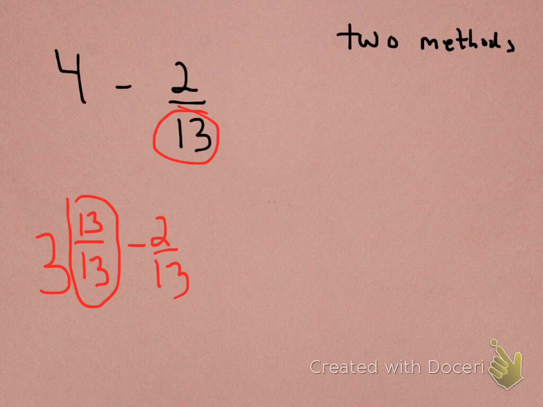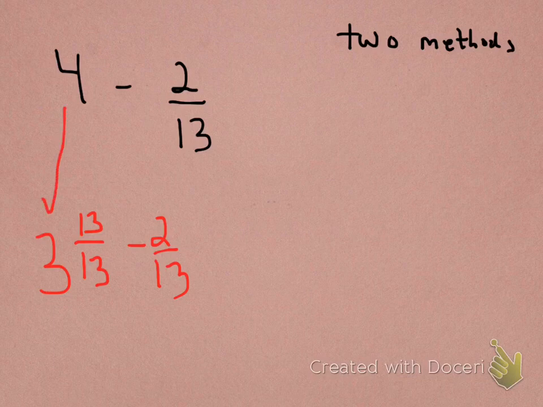It's very intentional. So when you're subtracting 1 from 4, but then you're rewriting that 1 as a fraction over itself, or as a number over itself. Okay, and then you just do 13 minus 2, which is 11. Denominator stays the same.